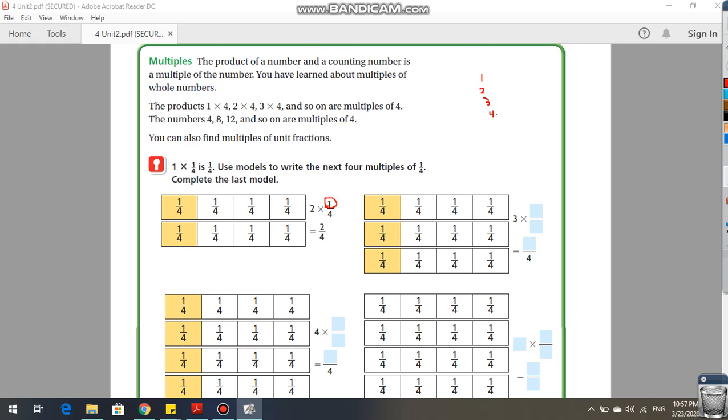It's multiples of 1. So I have it here, it's 2 over 4. Now I have how many parts shaded? 3. And each part is what? A quarter. So what is the multiple of a quarter? 3.